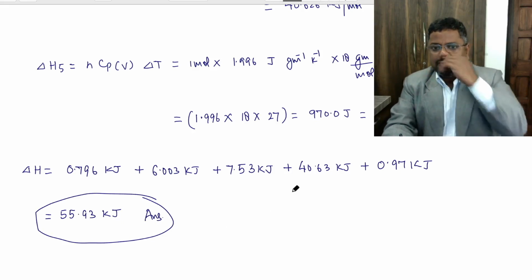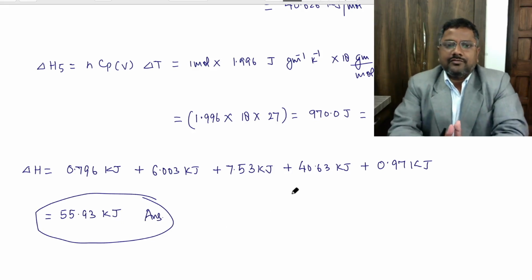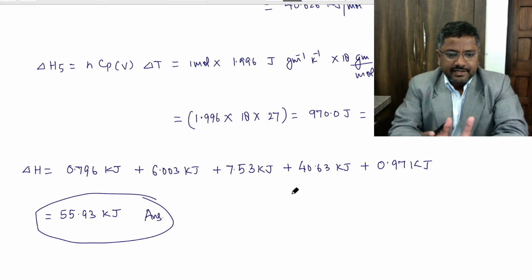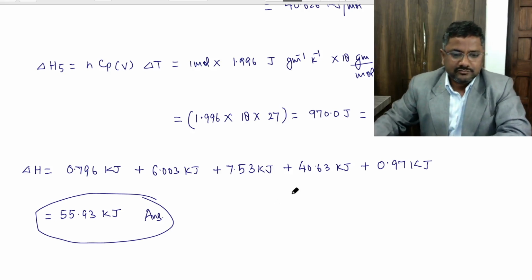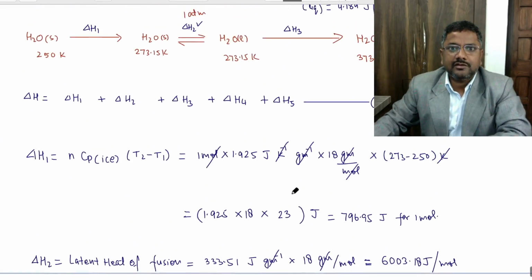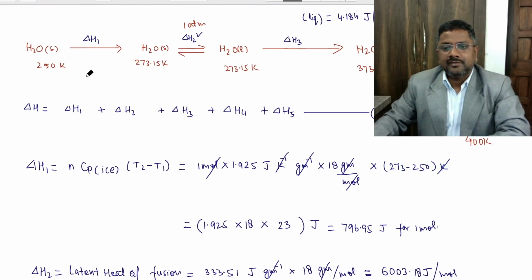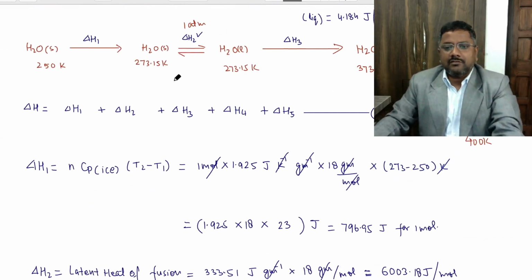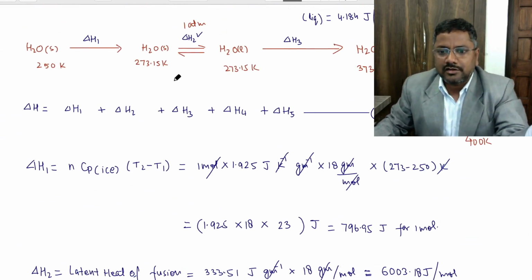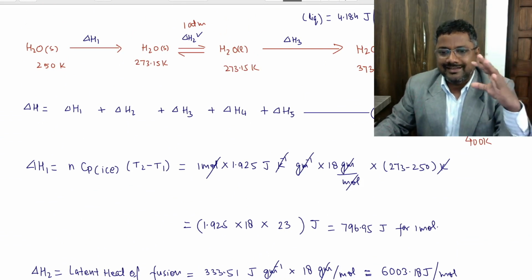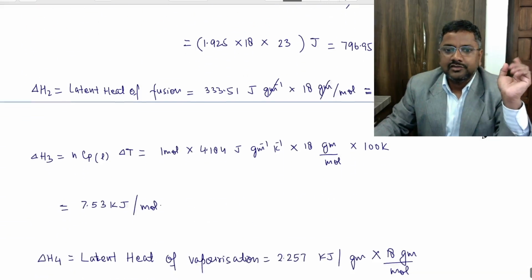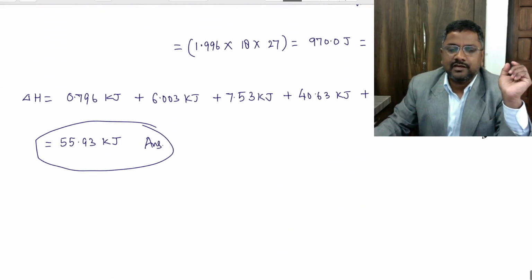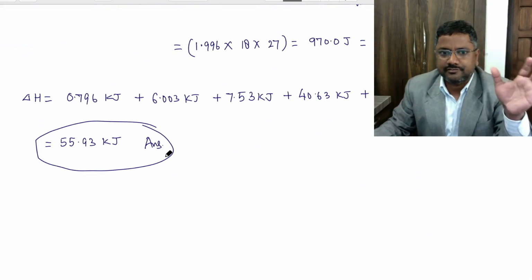So if you want to convert 1 mole, 18 gram of ice which is taken at 250 Kelvin into 18 gram of water vapors at 400 Kelvin, you have to put this amount of energy into the system.